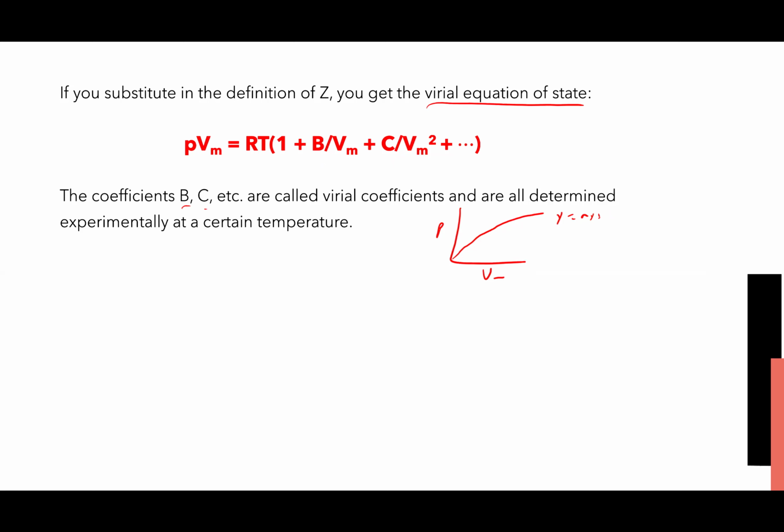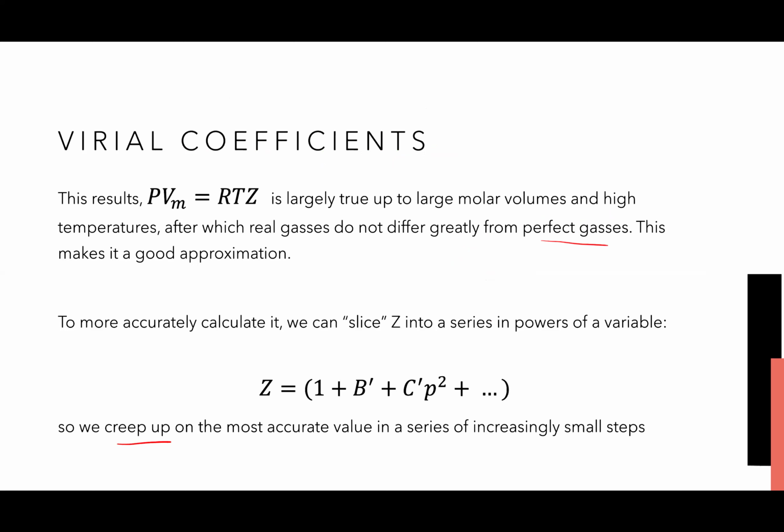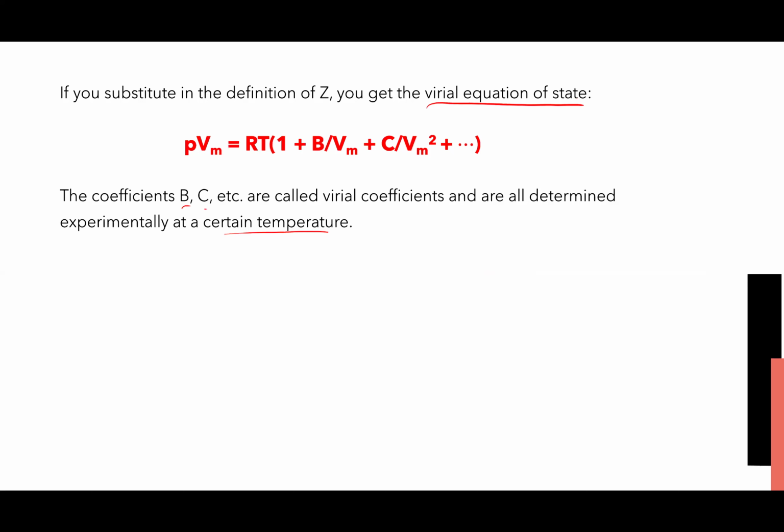Same exact idea, just slightly different ways of using graphs. And these are all determined experimentally at a certain temperature, because depending on the temperature, we're going to get different interactions. As I said, when we get to high temperatures, everything becomes more ideal, so they're going to change.